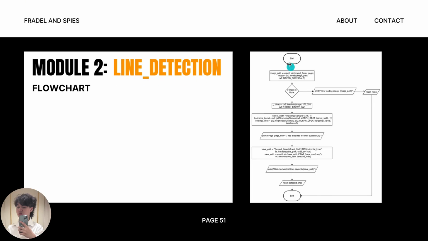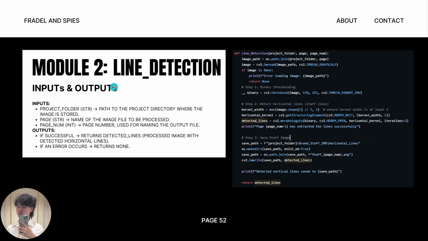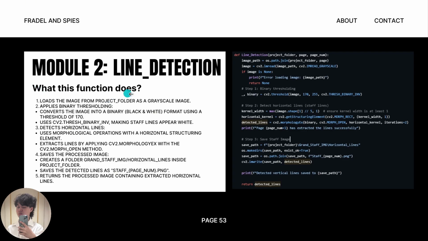Module 2, line detection, input and output. What this function does: it loads the image from the project folder as a grayscale image. It converts the image into binary black and white format using a threshold of 170. It uses cv2.THRESH_BINARY_INV, making staff lines appear white.